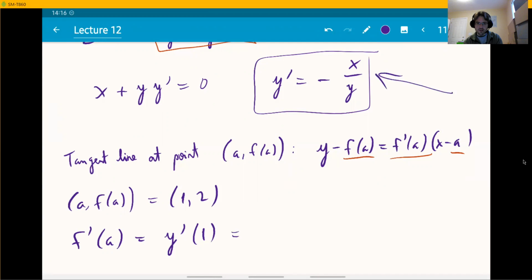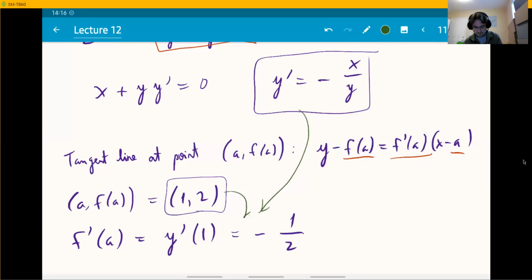The derivative is always x over y with a minus sign. So that's the formula that I'm using, minus x over y, where x and y were obtained from the point (1, 2). Okay, so those two things are giving me this minus 1/2.